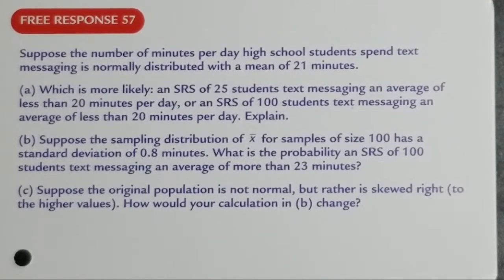Which is more likely? A simple random sample of 25 students text messaging an average of less than 20 minutes per day, or a simple random sample of 100 students text messaging an average less than 20 minutes per day. Explain.